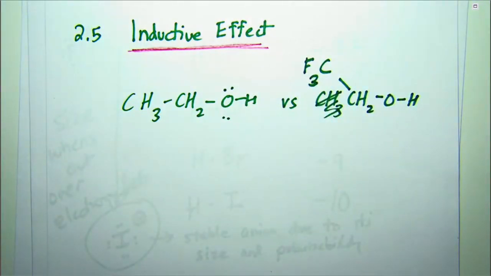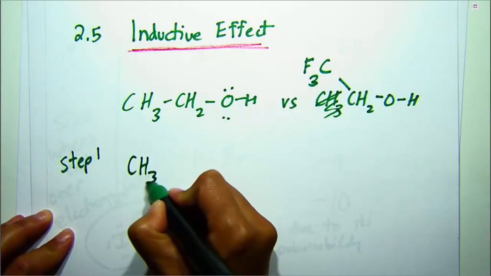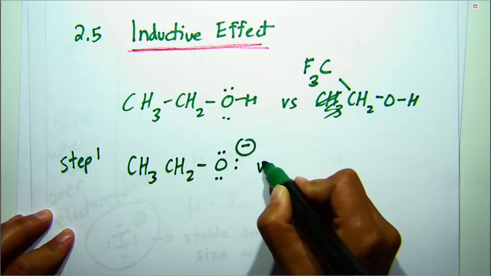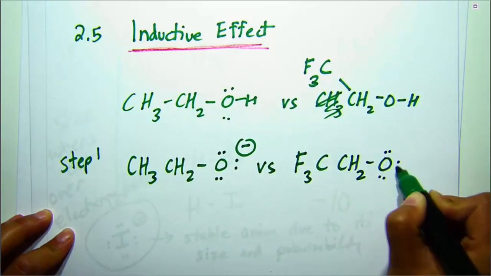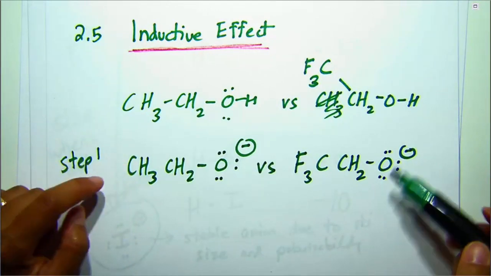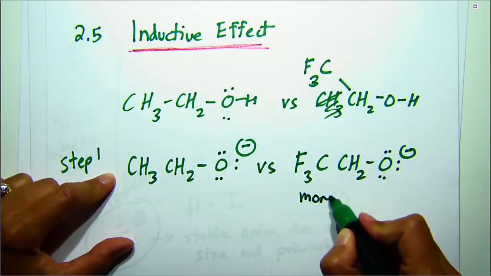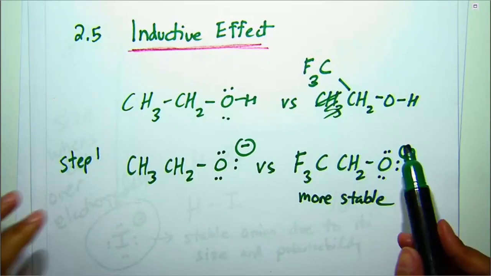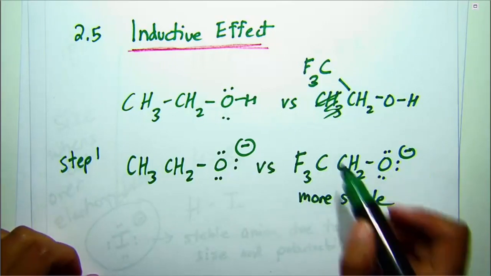So due to the electronegativity of these fluorine atoms, when we draw the conjugate bases and compare these two conjugate bases, we'll see that this conjugate base here is more stable because there's an inductive effect where the carbon-fluorine bonds help stabilize the negative charge because they're pulling electron density through the sigma bonds.